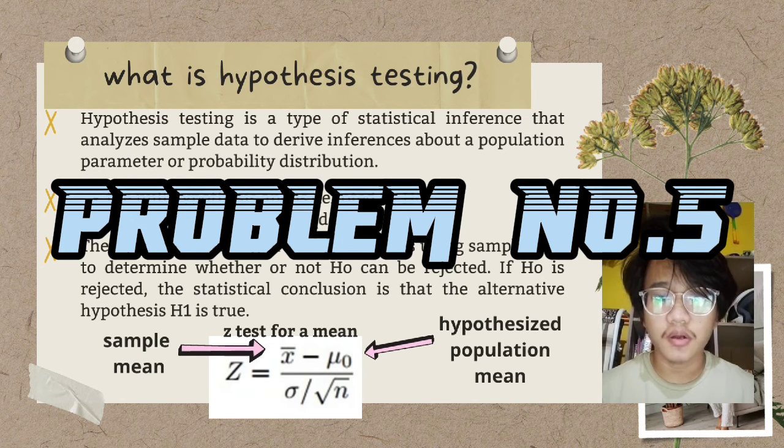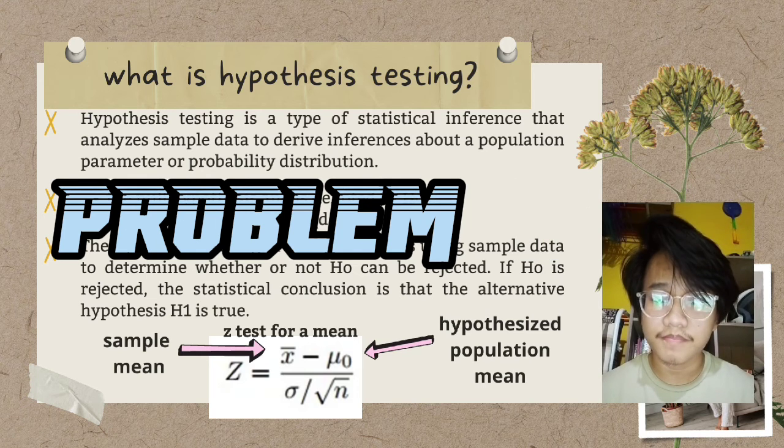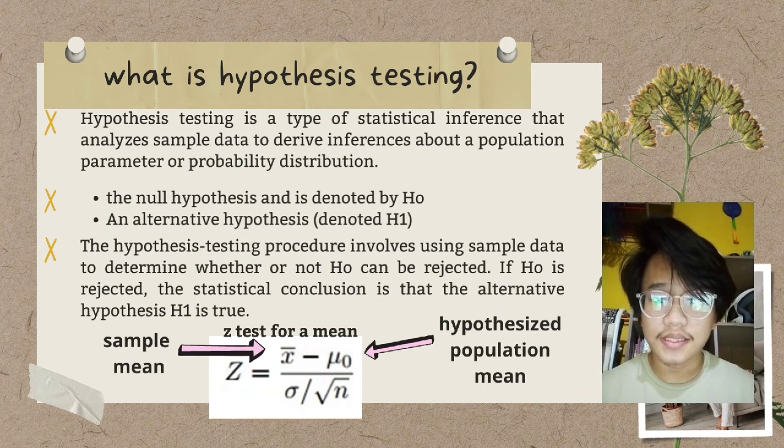Hello, my name is Muhammad HAFSAM bin LAMIN. Today I will talk about hypothesis testing. What is hypothesis testing? Hypothesis testing is a type of statistical inference that analyzes sample data to derive inferences about a population parameter or probability distribution. First, an educated guess is formed regarding the parameter or distribution. This assumption is known as the null hypothesis and is symbolized by H0.